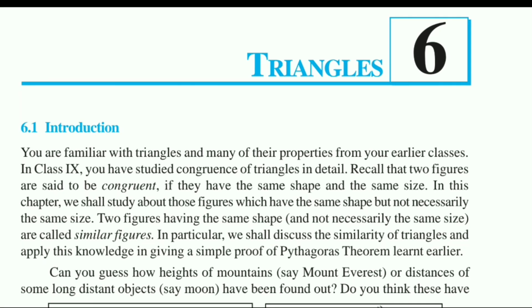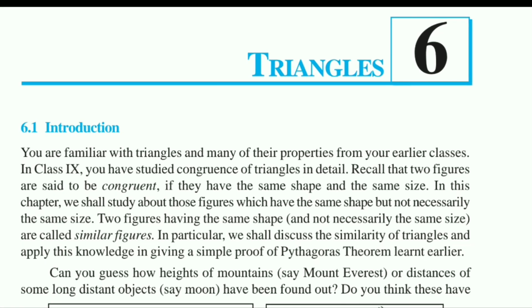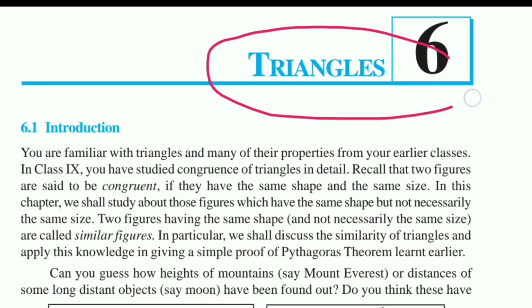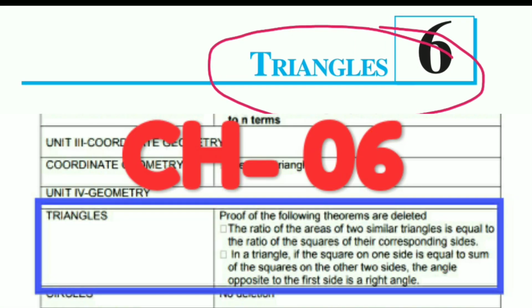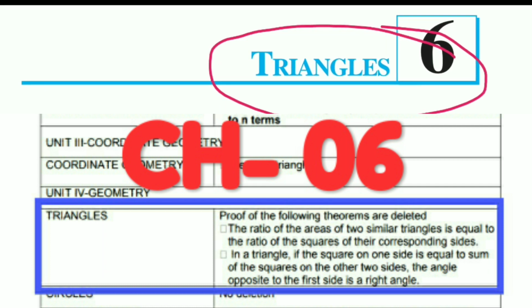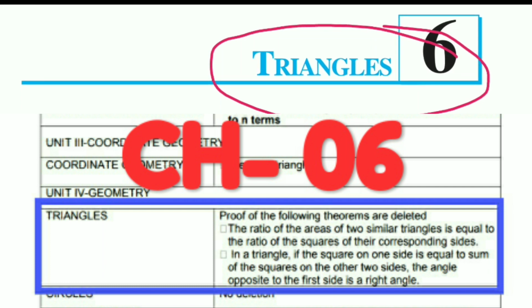If we talk about chapter number 6, Triangles, some topics have been removed, that is, the proofs of the following theorems are deleted. The ratio of the areas of two similar triangles is equal to the ratio of the squares of their corresponding sides.